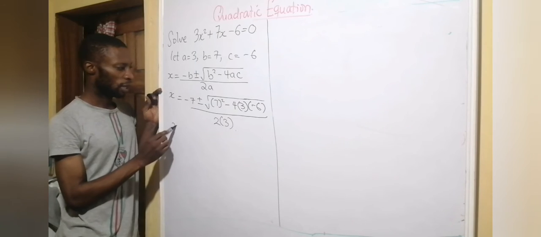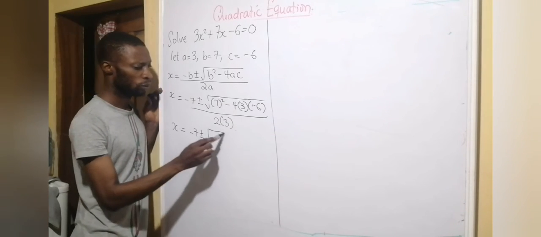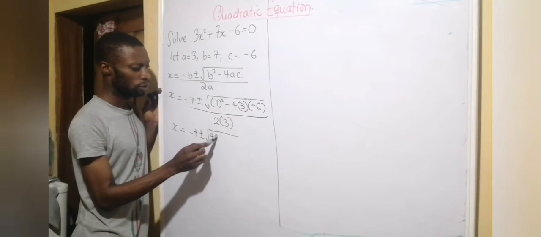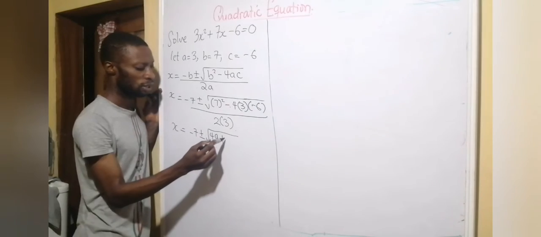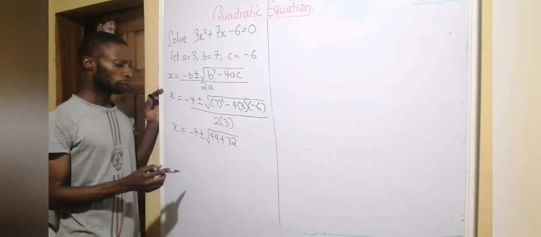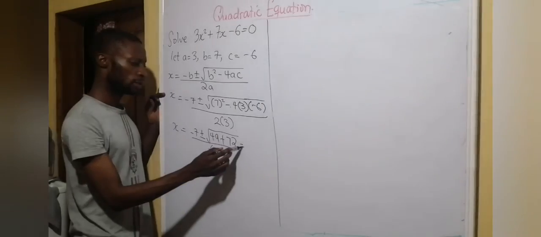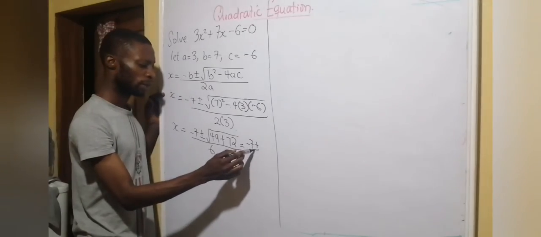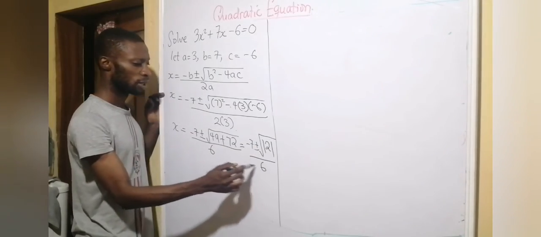So we have x is equal to minus 7 plus or minus the square root of what? 49 plus, minus times minus 6, plus 4 times 3, 12, that's 72. So that will be all over 6. This is the same thing as minus 7 plus or minus the square root of 121 over 6.